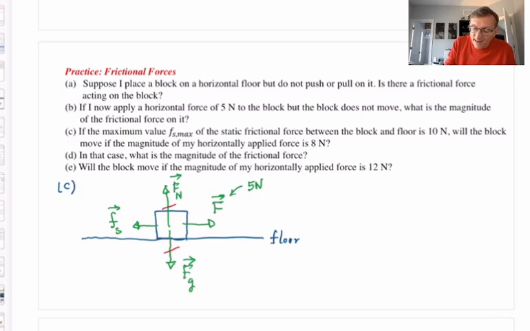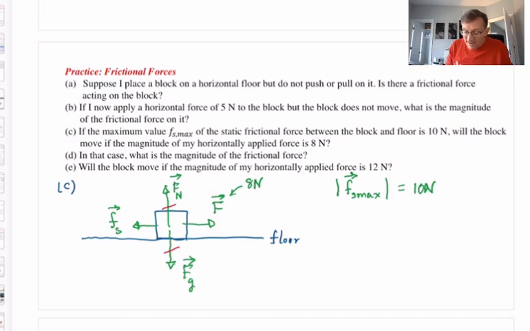Now, they're telling me in this problem that the magnitude of f s max between this block and this floor is 10 newtons. That's the biggest F static I can possibly get if I need it. All right. My applied force now has a magnitude of 8 newtons. If F static can balance it, then that's what's going to happen and there'll be no motion of the block.